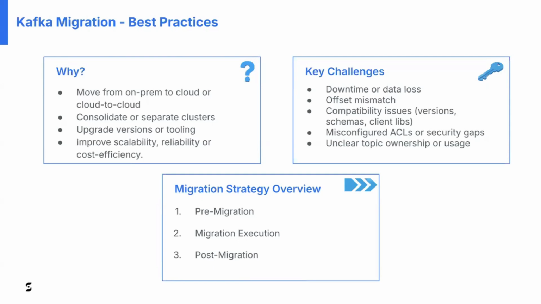And the third, maybe upgrades. Older versions of Kafka may not support your current security or performance needs. So that could be another use case. And lastly, maybe you want to improve your cost and performance. You want custom performance optimization.